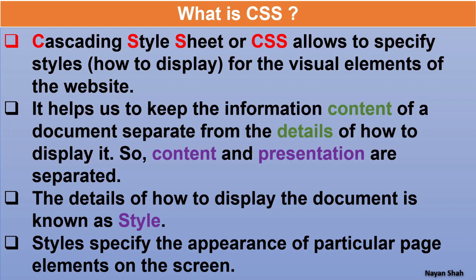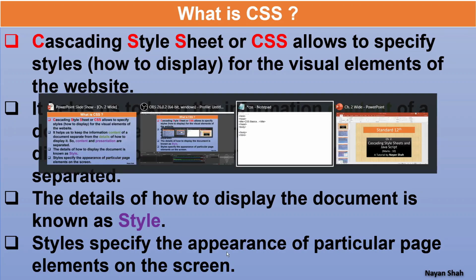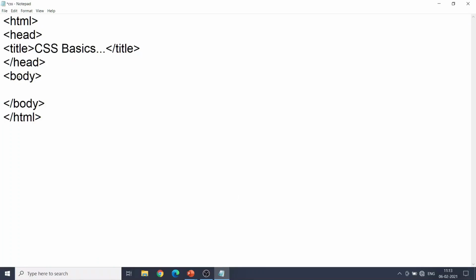Let us understand this practically. I have created this simple file. I have not written anything in the body. Now let's say I want to display my name with a lot of formatting. I want to make my name bold, italics, and underlined, and I also want to change the color and font.